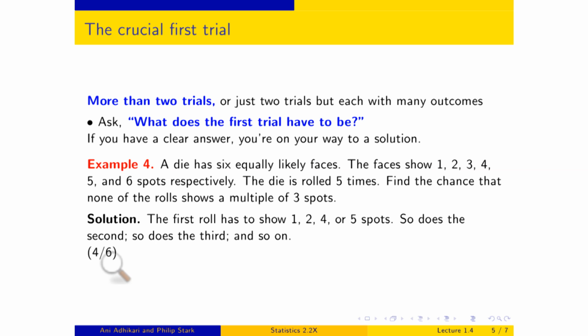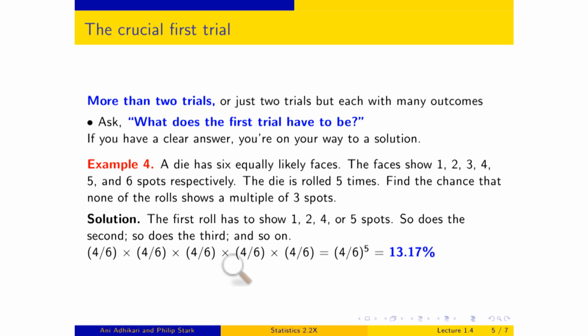Now, of course, I want the second one to satisfy the condition as well, so it's going to be a fraction of that times what fraction? The second one has to satisfy the same condition. 4 in 6, and then times 4 in 6, then times 4 in 6, all 5. That's (4/6) to the power 5, and that's just over 13%.